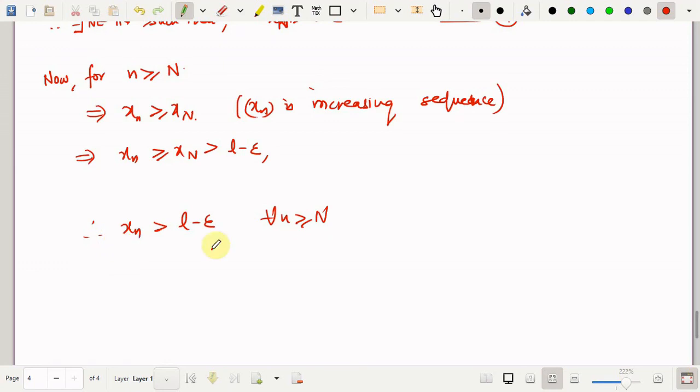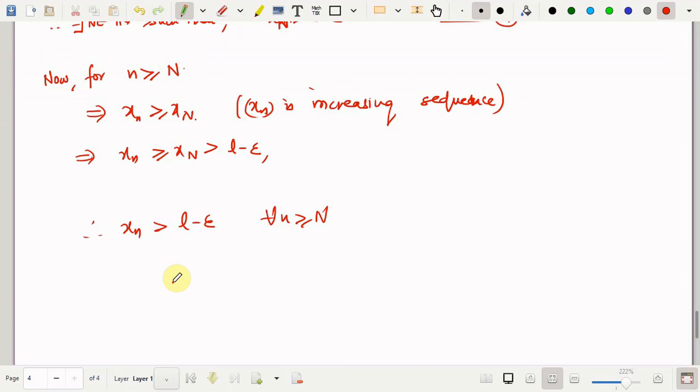Now since you know that L is an upper bound, L plus epsilon is also an upper bound, right? Because it's a number which is greater than L, and that's why all xn have to be less than or equal to L plus epsilon.